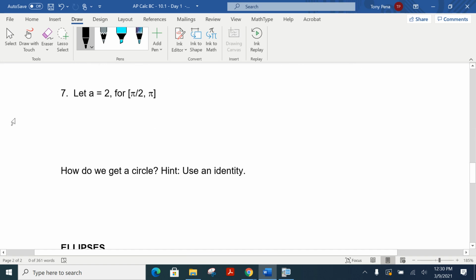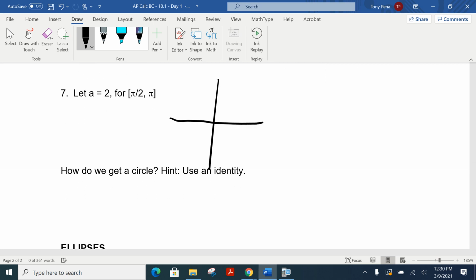And then we'll talk about how we're going to get a circle out of these. So how could we do this algebraically if we didn't have a calculator in our hand? Looking at this, hopefully we know now that the coefficient is giving us the radius of our circle.